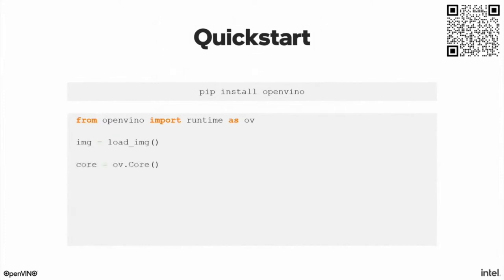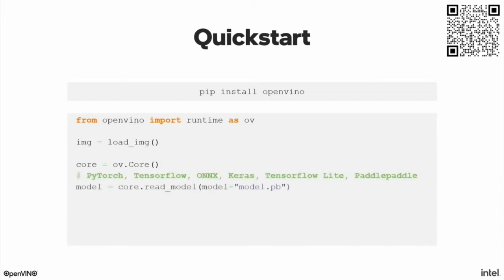We initialize the OpenVino core and read the model, directly in the provided format, for example, TensorFlow in this case, or you can take an ONNX model. Then we compile the model for the CPU in this case, but it's totally trivial to change it to NPU or GPU.